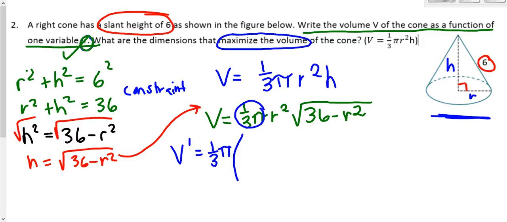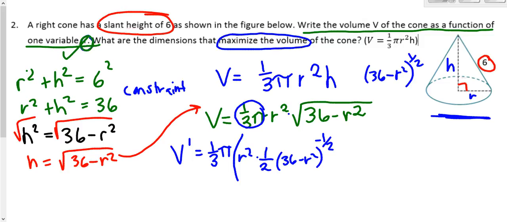My derivative will be the first, which is r squared, because this is a product, times the derivative of the second. So remember, a square root is the same thing as a 1/2 power. So I have times, bring the 1/2 down, 36 minus r squared to the negative 1/2.